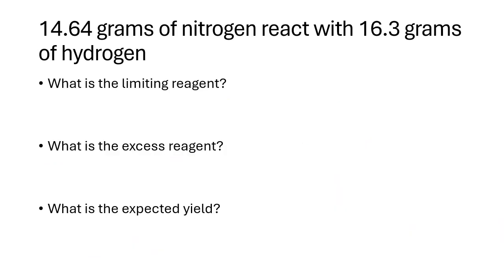All right, so we have 14.64 grams nitrogen. So let's just write that reaction out. I'm going to say it out loud, but this is not something that you're going to have to do on the Unit 1 test, but it's good to hear.